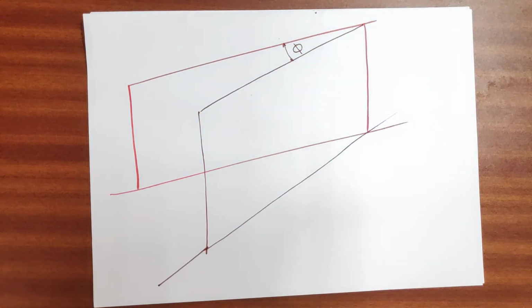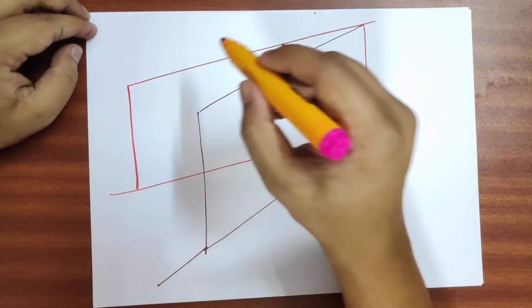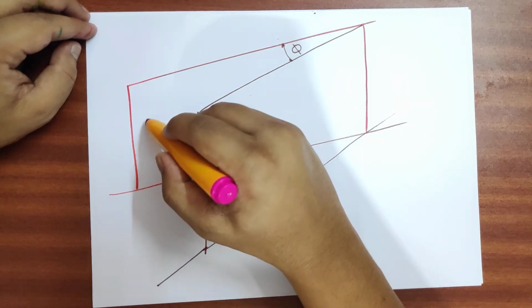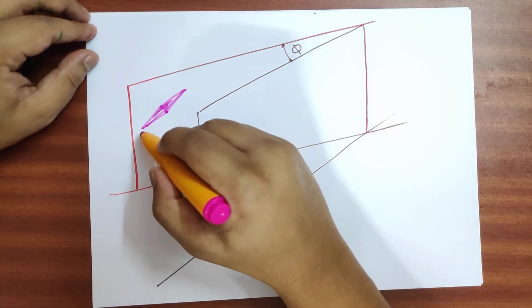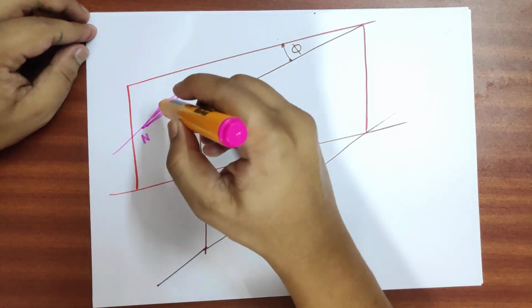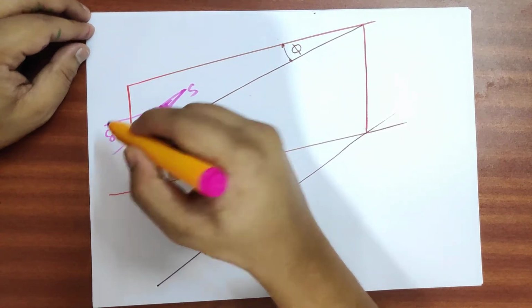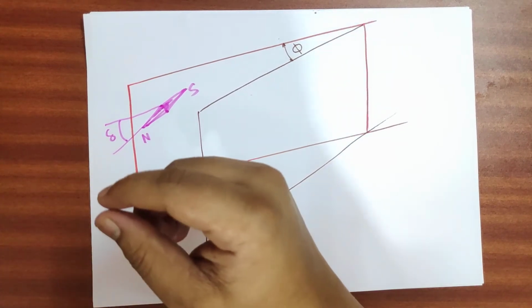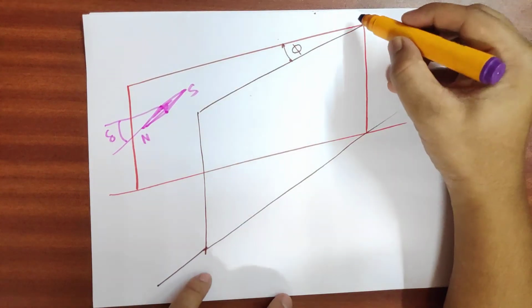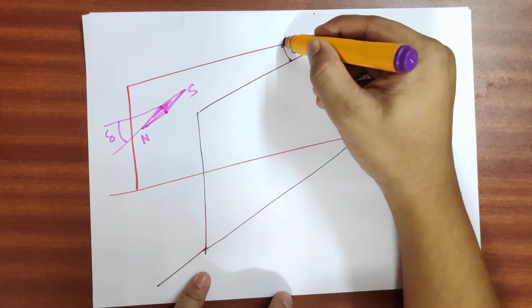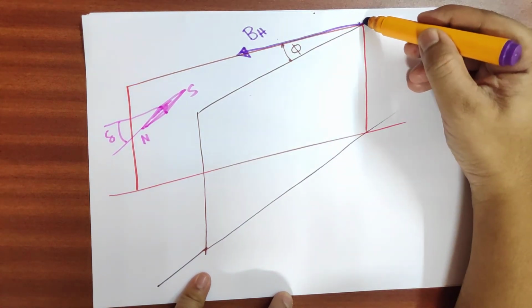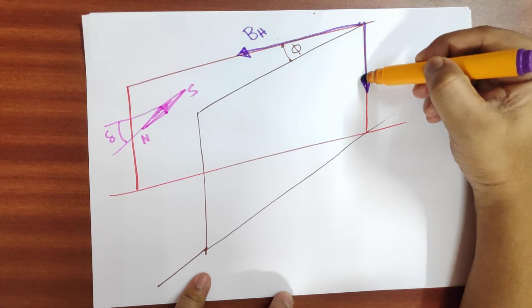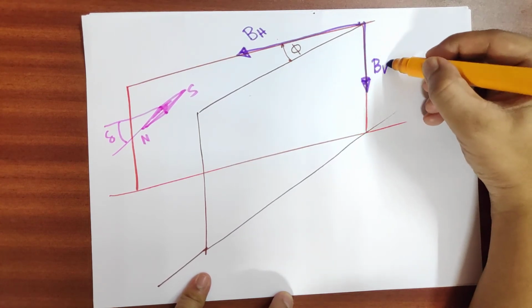Now we have a dip circle here in the magnetic meridian plane, so the magnet will point north south like this. This is the angle of dip. See, in this magnetic meridian plane, this is the horizontal component BH, and this is the vertical component. I mean, this whole magnetic field exists in the magnetic meridian plane.